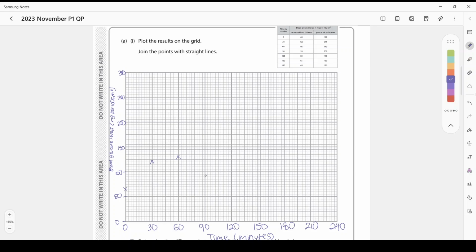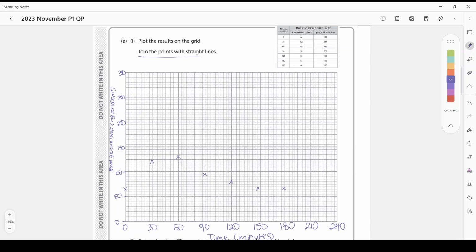Okay, so it drops. At 120 minutes, it's 80. And at 150, it is 65. Okay, back to 65. All right. So that is a person without diabetes.